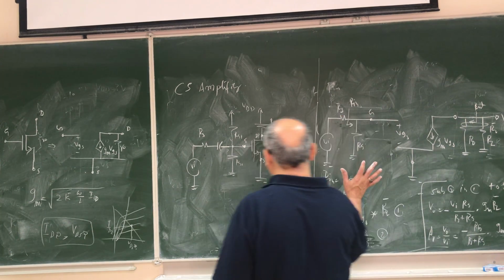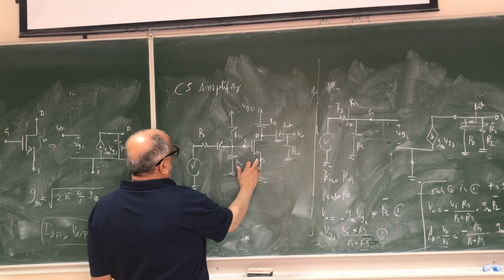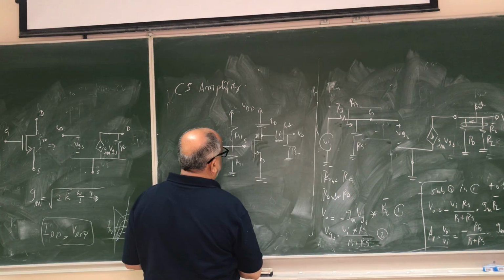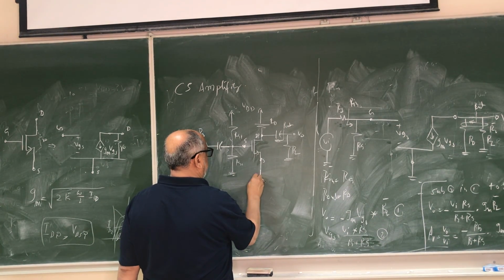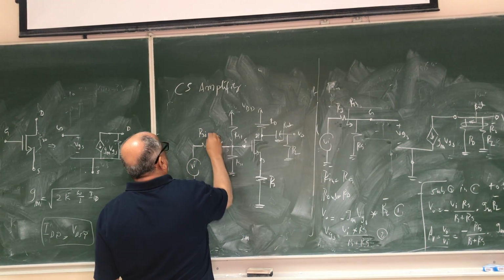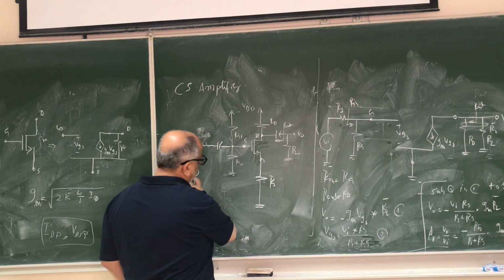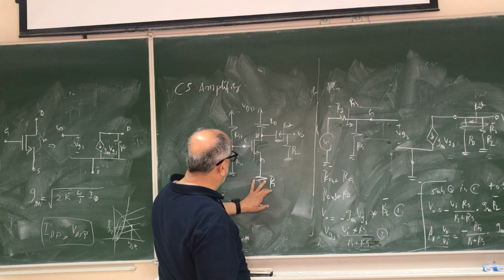So that's the first type. Now let's say we add a resistance here, which is RS. I'll remove the previous one so you know its effect, and so as not to confuse you with RS here.